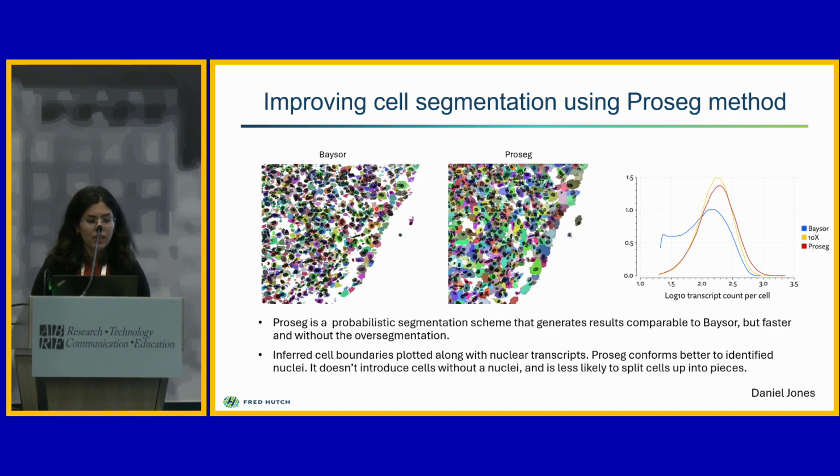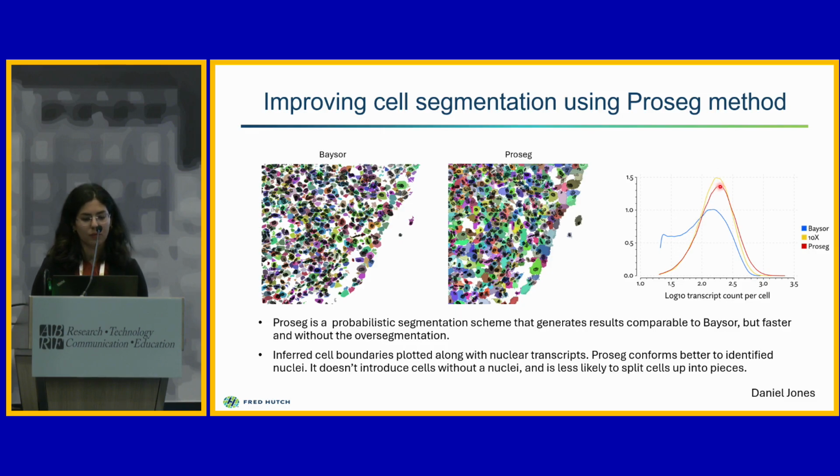The other thing is that Baysor is prone to over-segmentation. For example, you can see here that there are some areas with no nucleus but a bunch of transcripts, and it would call it a cell, and we know it's not a cell. If you look at this graph, you can see that for Baysor, you have a lot of cells with a very low number of UMIs, and we believe those are because of the over-segmentation.